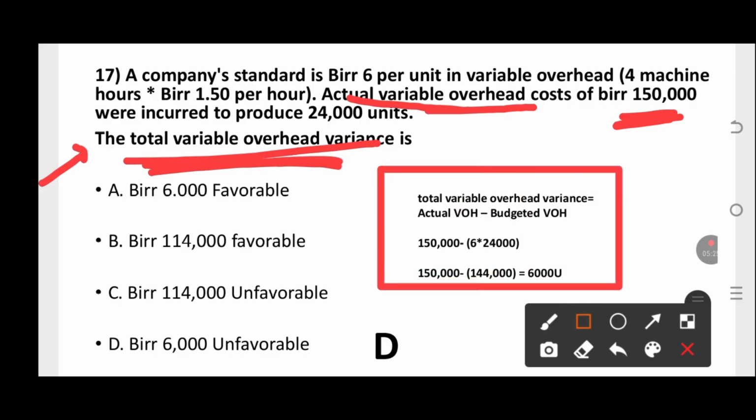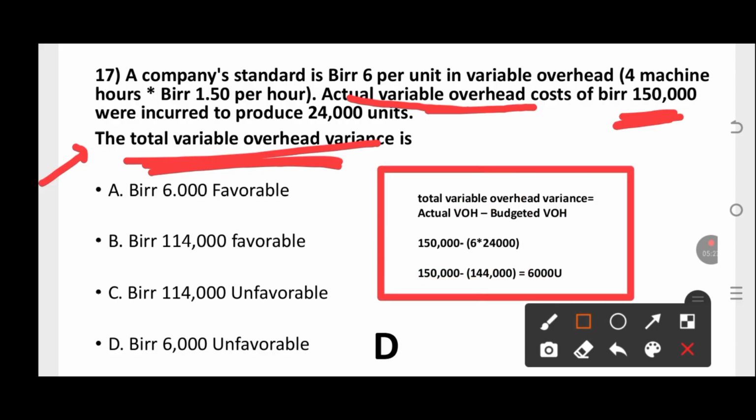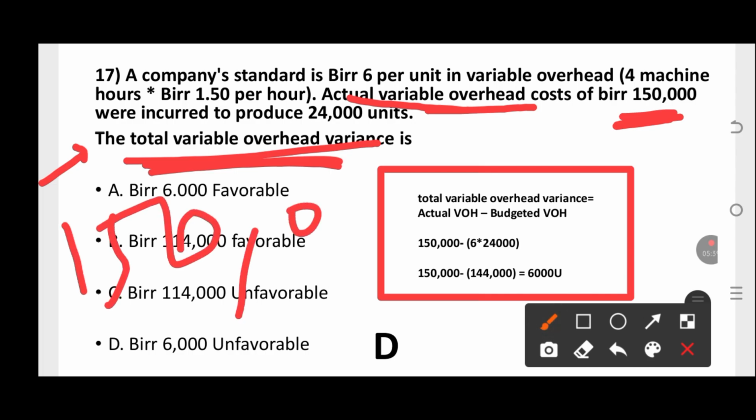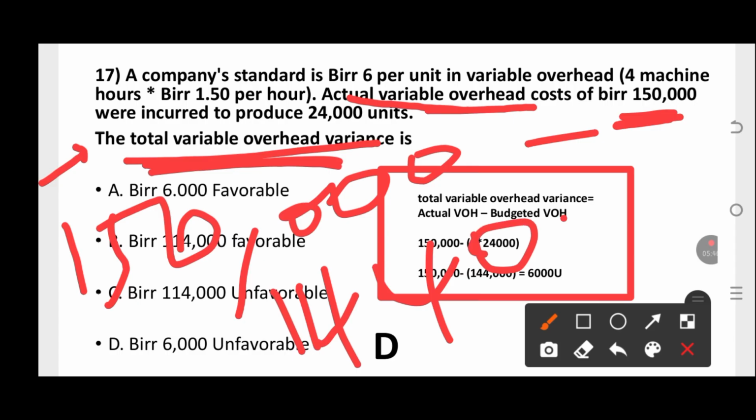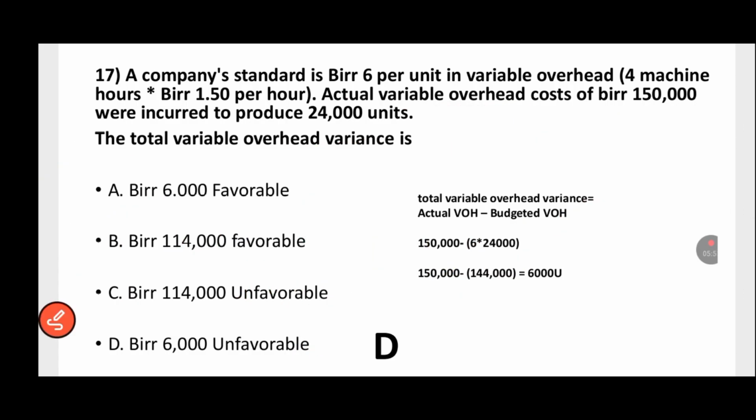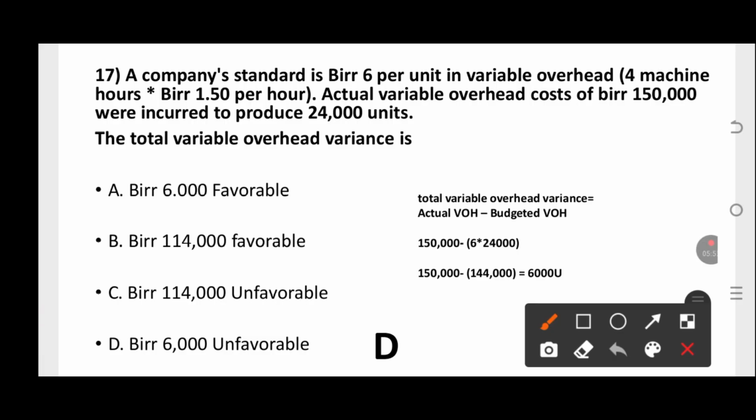So I place 150,000 minus 6 times 24,000, which is 150,000 minus 144,000. The answer becomes 6,000 unfavorable.